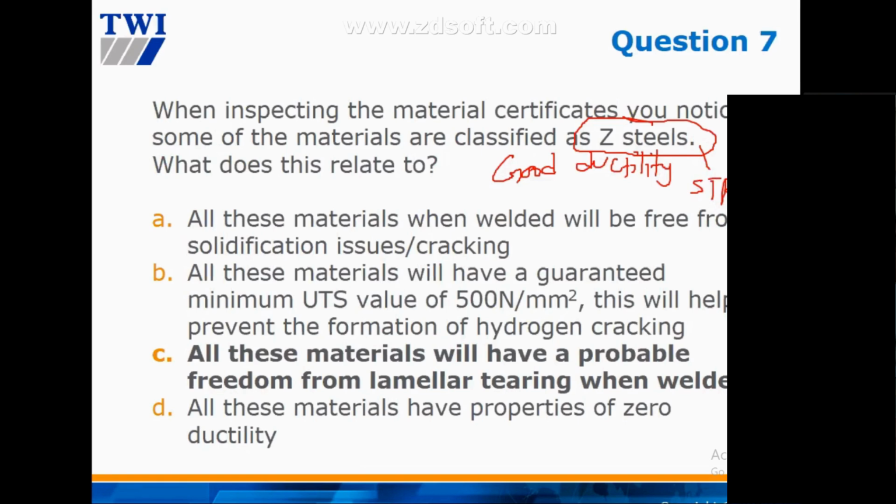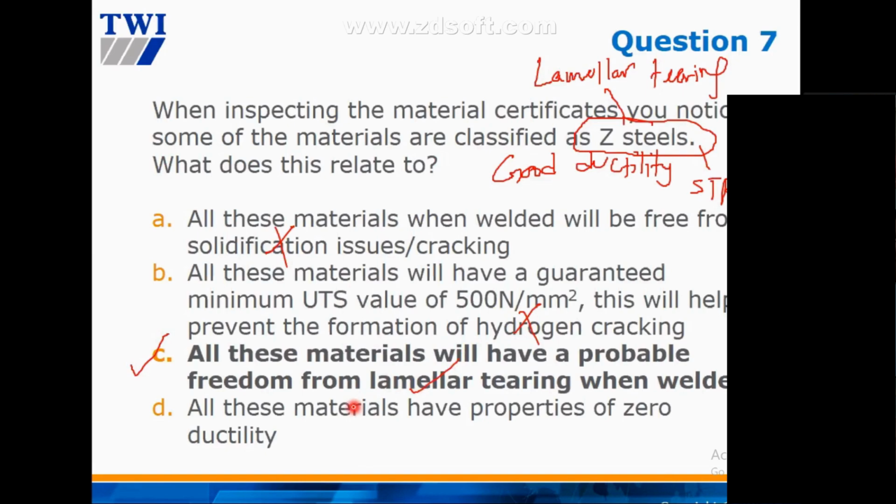So meaning it's related to lamellar tearing. But we have Z quality, meaning there is no problem with lamellar tearing. So that's why here A is wrong, because they're talking about solidification cracking, which is not a factor. Hydrogen cracking is not a factor, but C is correct because they talk about lamellar tearing. Okay?